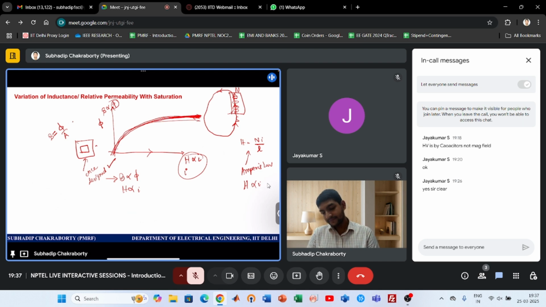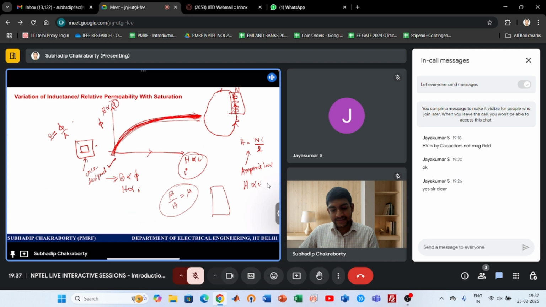So as you can understand, this slope, what does it give you? It gives you mu, as I already told you. Now you see, mu is not constant. Mu is the slope of this curve.